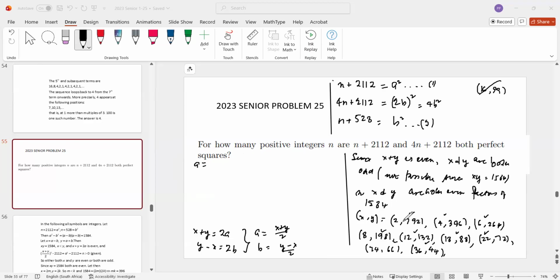So you just add these two, x plus y, and divide by 2. So you get 397. And you add these two, you get 400. That's 200. Add these two and divide by 2, 134. I'm not going to go there, it's so boring. So 36 and 44 is 80. Divided by 2 is 40. So a possible value for a is 40.